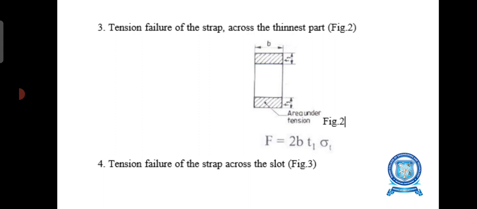Tension failure of the strap across the thinnest part: F equal to 2 B t1 sigma t, with B and t1 as shown in the figure.